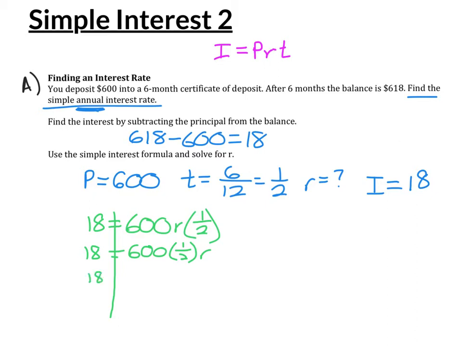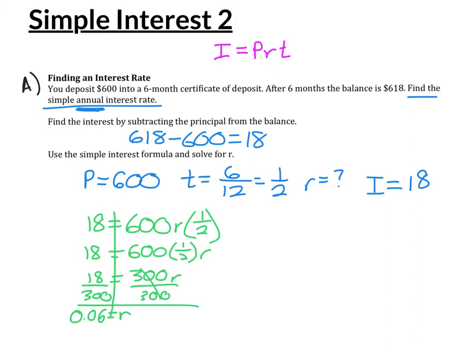Now, 600 times 1/2 is 300. So we have 300R. And now to solve this equation, all we have to do is divide by 300. This is just a one-step equation. Divide by 300. When we do that, we get 0.06 on the left side, and over on the right side these 300s cancel out and we have R left.